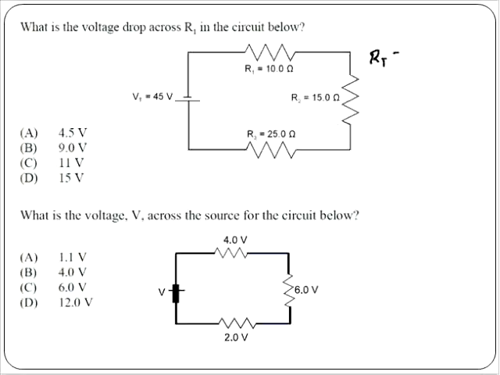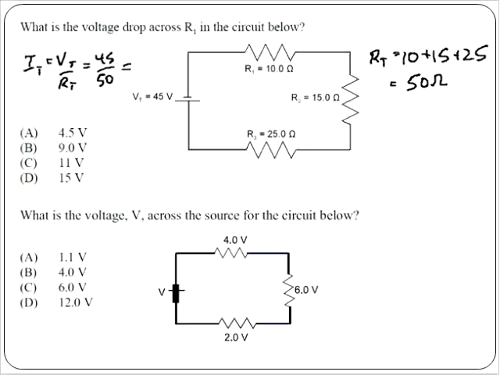So what I'm going to have to do is this. I'm first of all going to have to find the total resistance. And because this is series, all I got to do is add them up. 10 plus 15 plus 20. Remember, resistors add up in series. So that's 50 ohms. Now that I know that, I can find the total current, which is just VT over RT, which is going to be 45 over 50, or 0.9 amps.